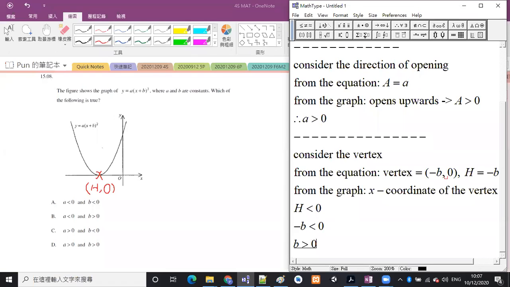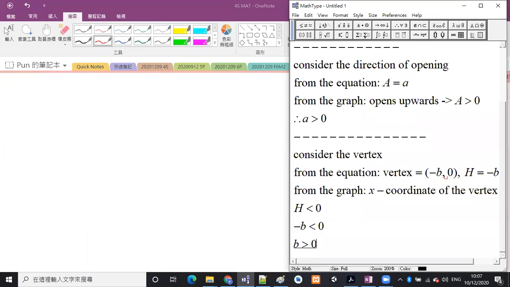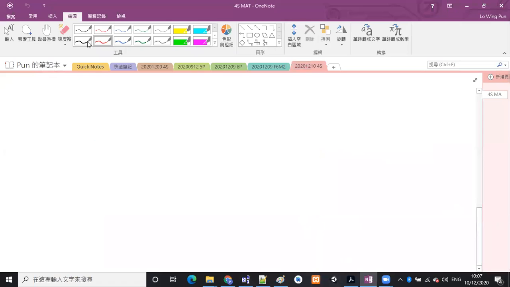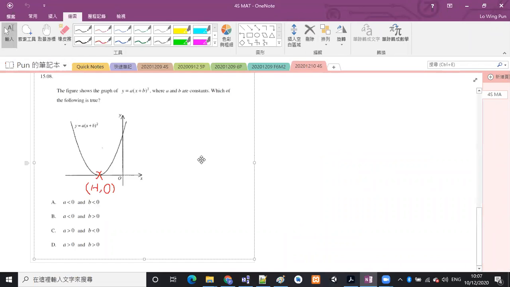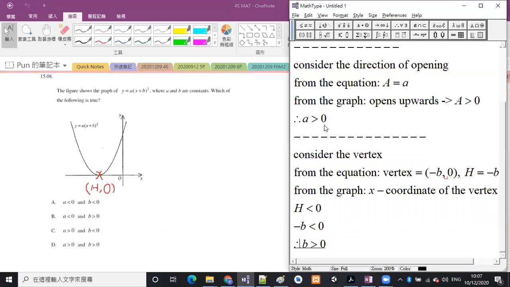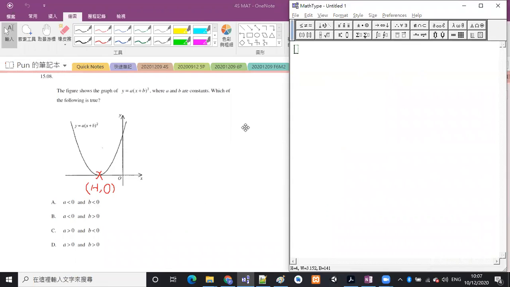Okay, if the negative of B is negative, then B itself should be positive. Okay? Therefore, we can see that B is positive. Okay, so combining the results, A is positive, B is positive. So the answer is option D.